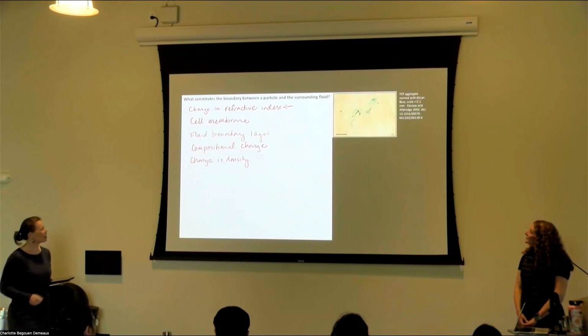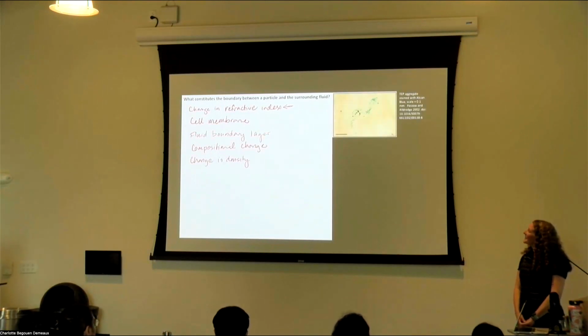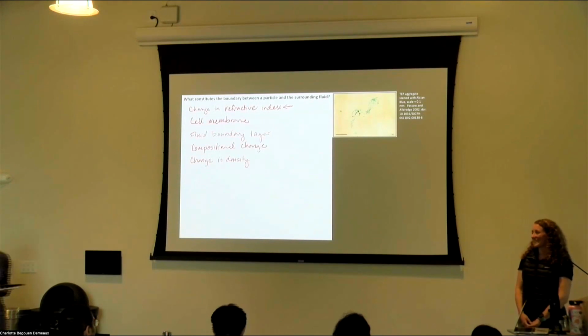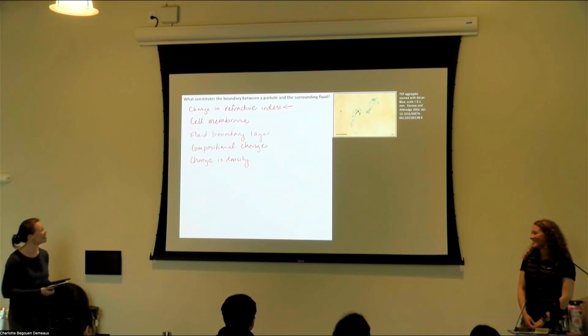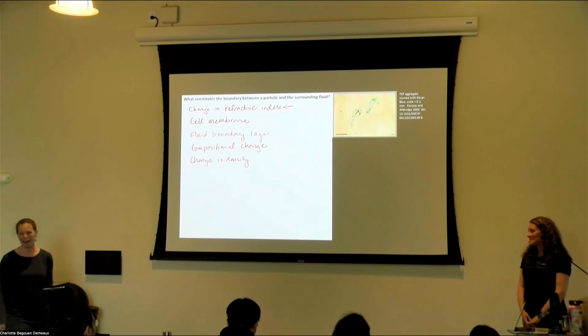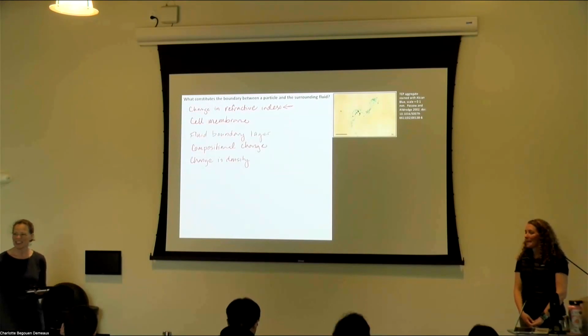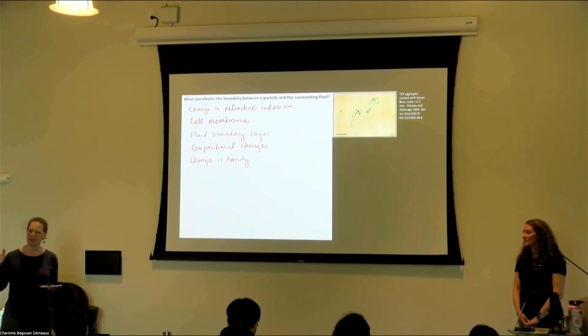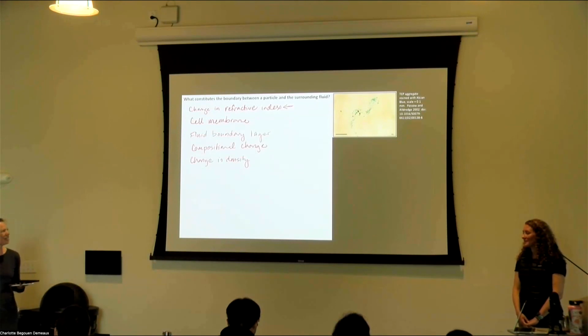Just to sort of get you thinking, here's some examples, particularly of particles whose boundaries are less well defined. So the image I'm showing up here is a transparent exopolymer particle aggregate. So this is a mixture of subparticles that are bound together sort of amorphously by polysaccharides that are exuded by diatoms.